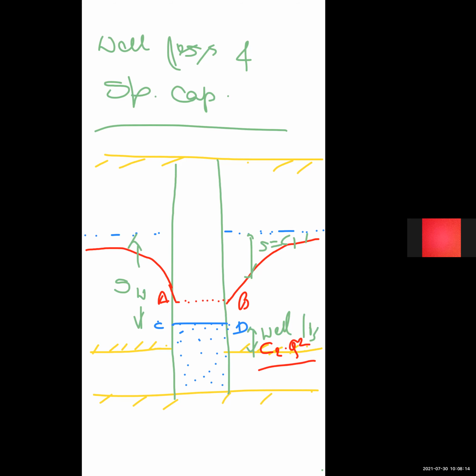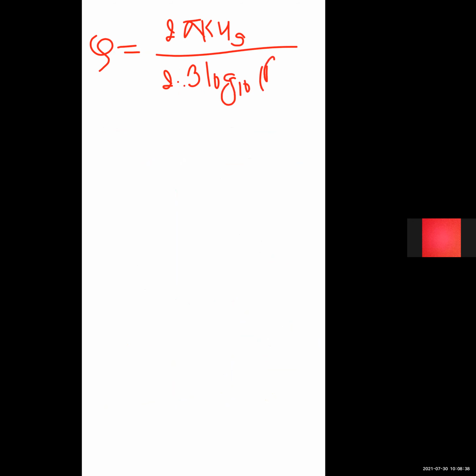The first drawdown is obtained by the equation Q equal to 2 pi K H S divided by 2.3 log 10 R by RW. All variables used in the formula are well known.